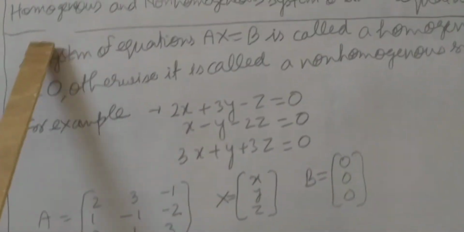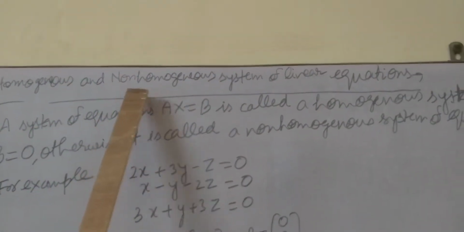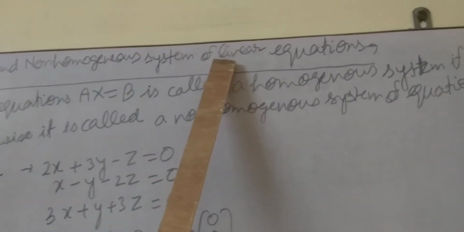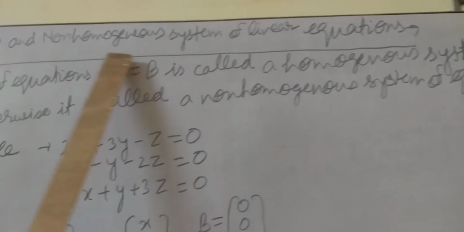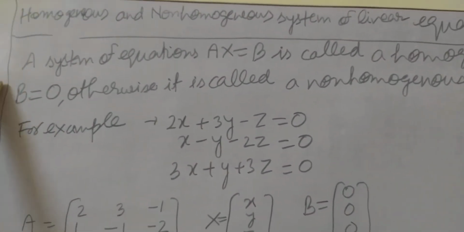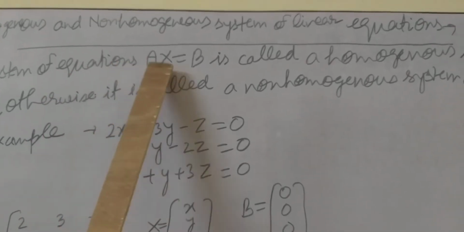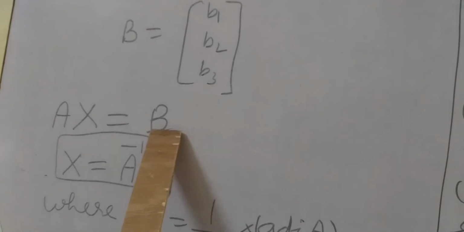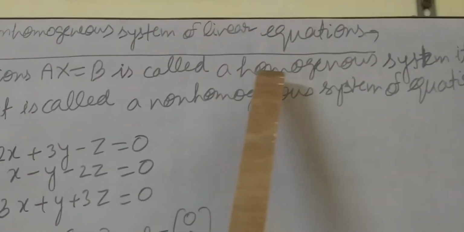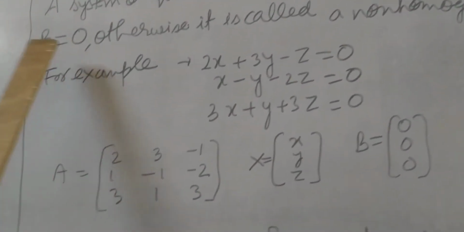Okay students. Next one, homogeneous and non-homogeneous systems of linear equations. A system of equations AX equals B, this one students, is called a homogeneous system of equations if B equals 0.